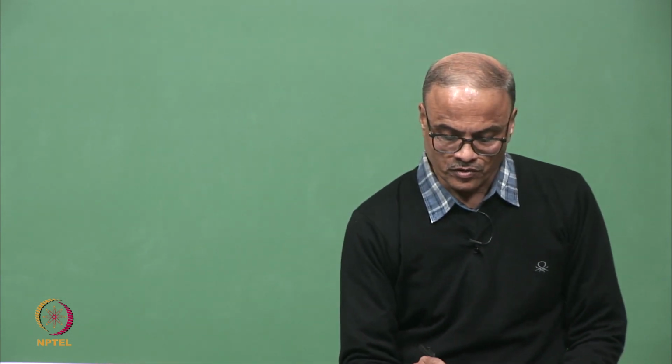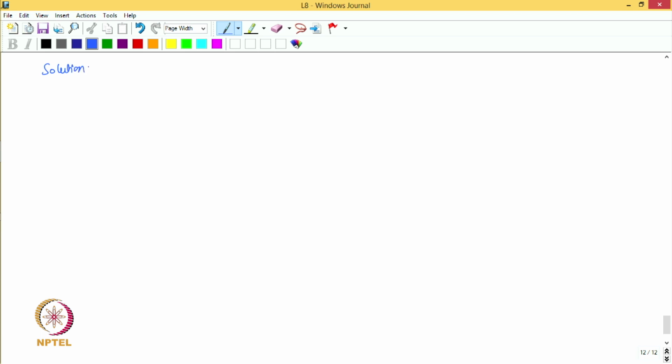So, solution by modal analysis, as we have done for the undamped system also. Here we are first going to assume the damping to be proportional. Now we perform modal transformation, which we discussed in detail in the previous lecture.